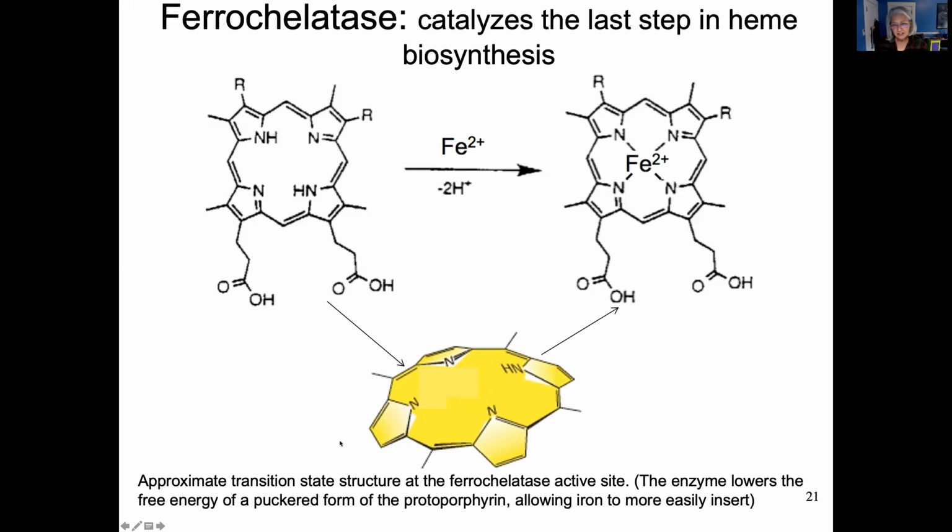And in fact, one test of this idea was making a stable molecule that looks like this, that's puckered. They actually did this by putting a methyl group right in the center, which causes the protoporphyrin to pucker like that. And it binds incredibly tightly to the enzyme. And that's just good evidence that the enzyme active site really did evolve to bind tightly to such a puckered molecule.